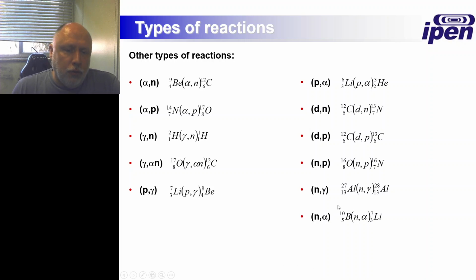You can have, for instance, the one I showed before, an alpha, where boron absorbs a neutron and becomes lithium-7. Essentially everything can happen provided you have enough energy, because usually more complicated reactions will have a smaller Q or more negative Q, and will require more energy to happen. That's essentially how things happen.